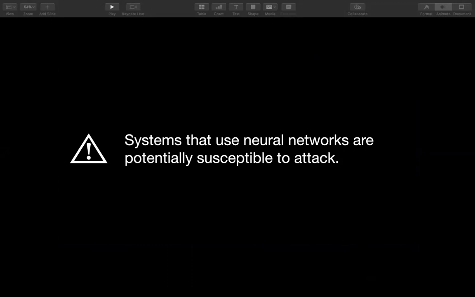So the takeaway that I'm trying to get at here is we know that this problem exists really badly in the vision domain. And in every domain we've studied, we see analogs of this problem as well. So the lesson seems to be that any system that uses neural networks to make decisions is potentially susceptible to attack. And that's scary, because I was just talking about using neural networks for classification or anomaly detection to detect attacks, to raise an alert if we see an attack.